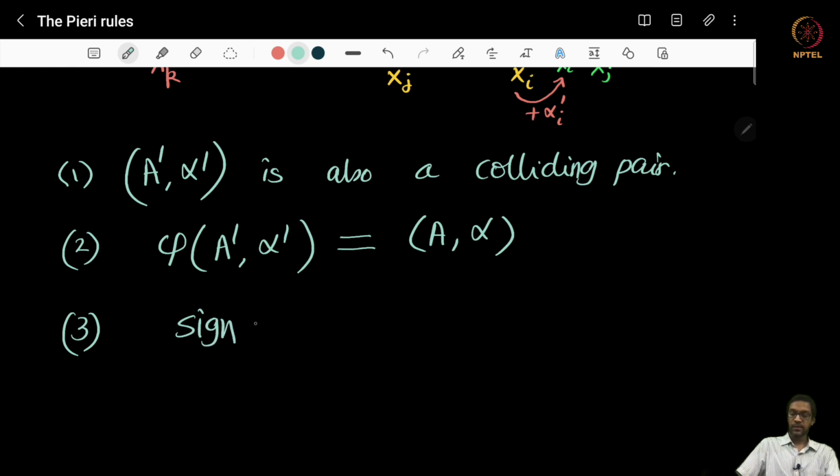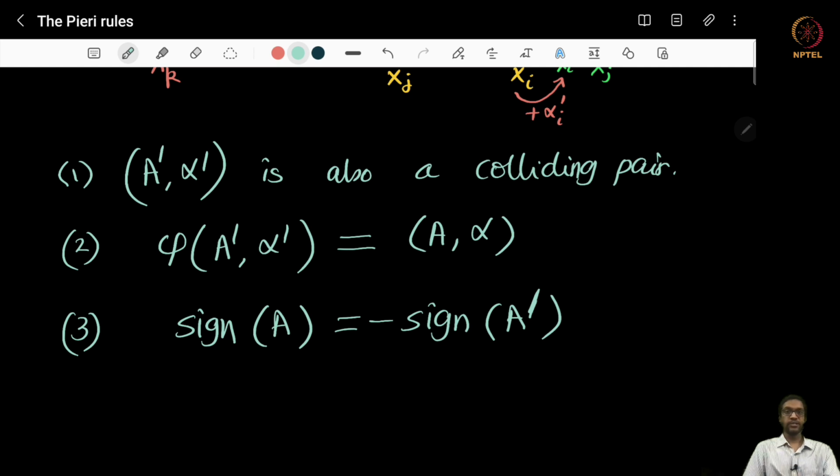And here's the key, the punchline: the sign is of course interchanged. That is the whole point of performing that interchange of the xi and the xj, because if you go back and see how the sign of an abacus was defined, it's just the sign of the corresponding permutation formed by the xi's.